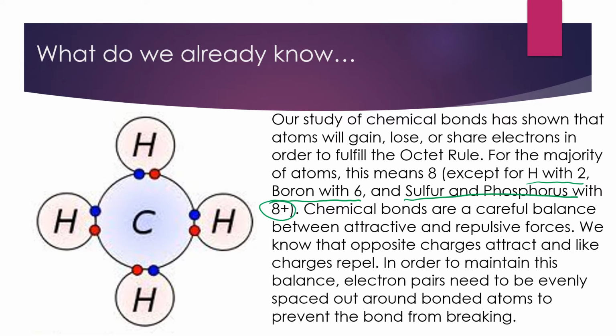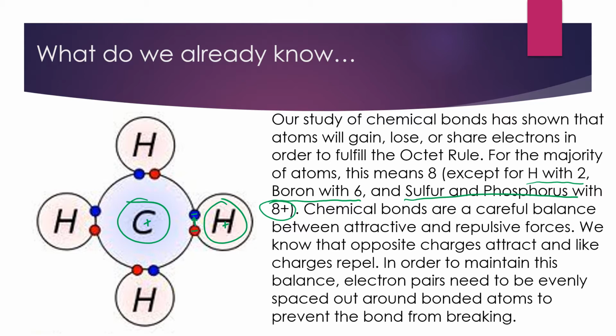Chemical bonds are a careful balance between attractive and repulsive forces. We know that opposite charges attract and like charges repel. So let's illustrate that. We have our carbon and hydrogen atoms here. The like charges would be the protons within the nucleus of each, and they are repelling each other. The repulsive forces could also include the respective electrons.